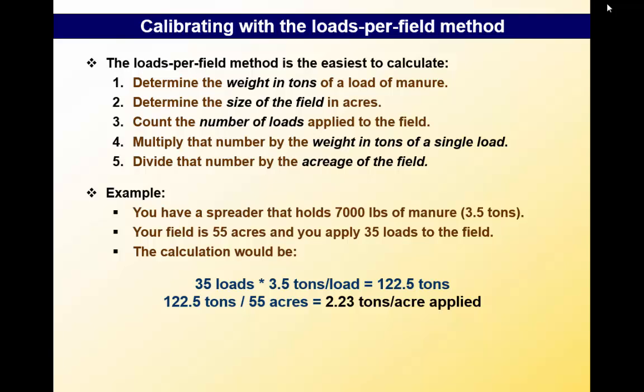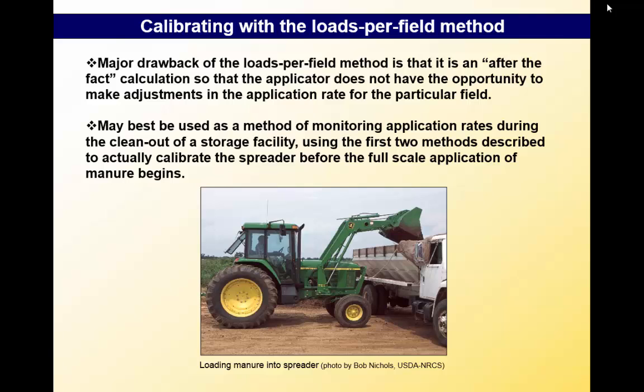The problem with this method is, by the time you get done doing that, if you were wrong, if you over-applied, you put too much nitrogen out. If you under-applied, you're going to have to make it up. Even though the tarp might be a little harder, and the swath and distance might take a little more work, and this seems easier, if you do it over a 20-acre field, you don't know until the end that you might have been wrong and that you weren't calibrated correctly.